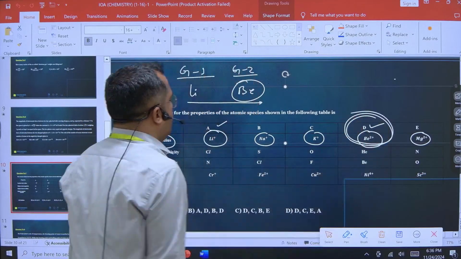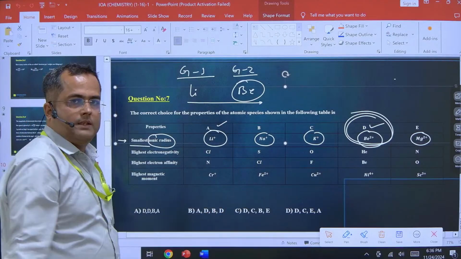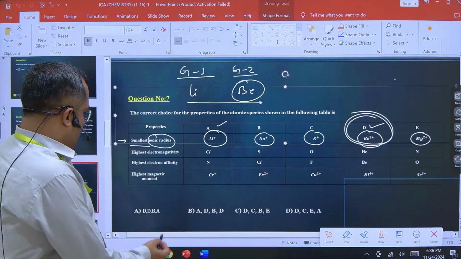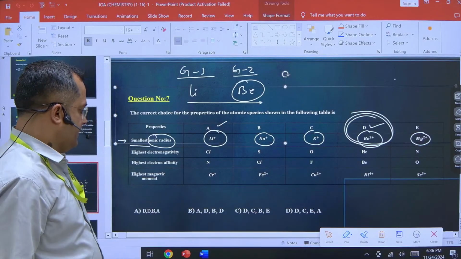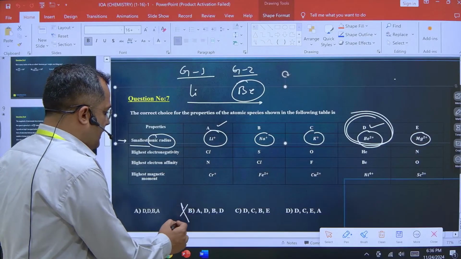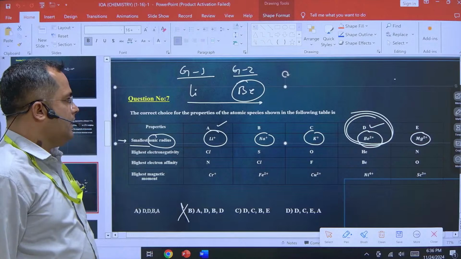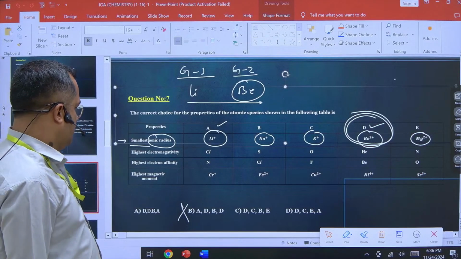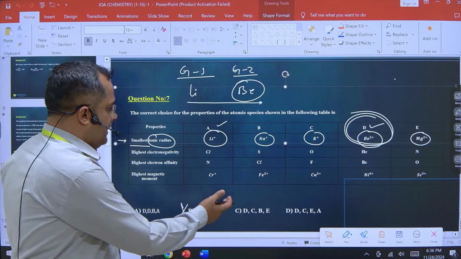Option D is correct in the first part. If we see here, the A, B, C, D options are given. We can eliminate option B, because lithium is not the correct one, D is. So for now, we have to check A, C and D.